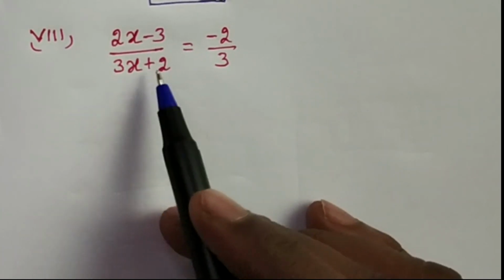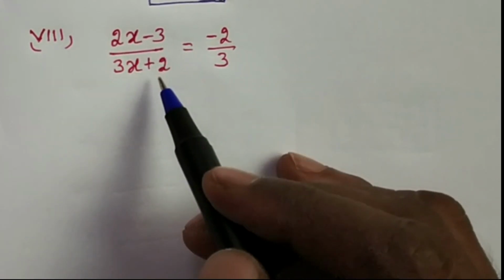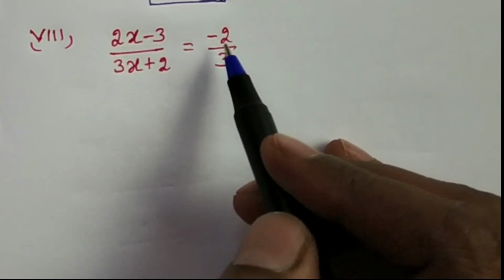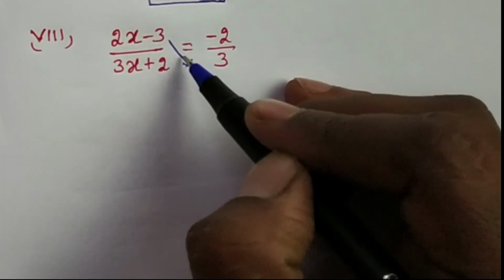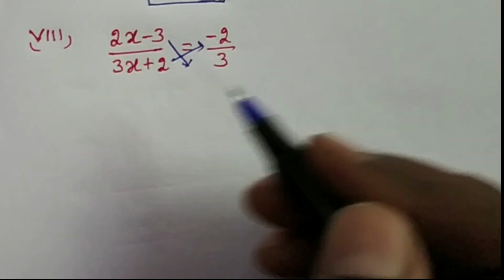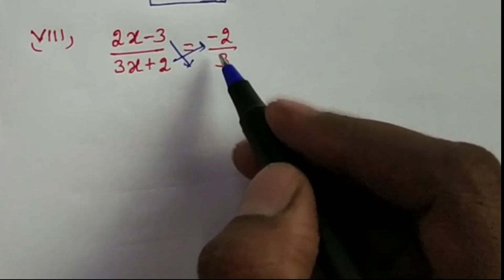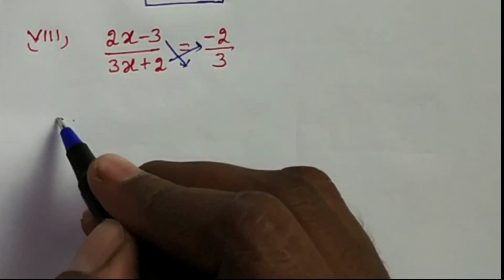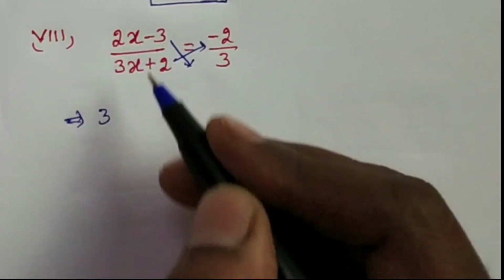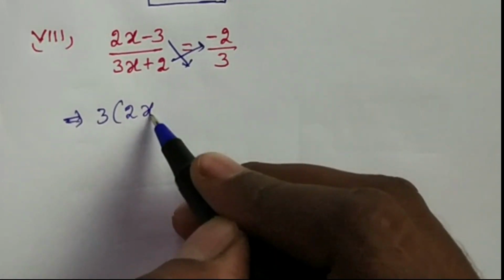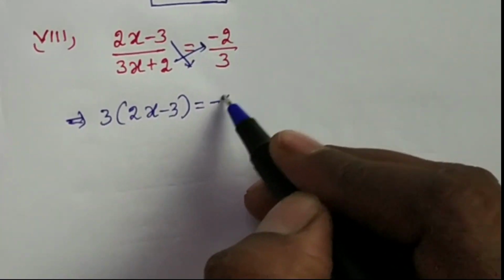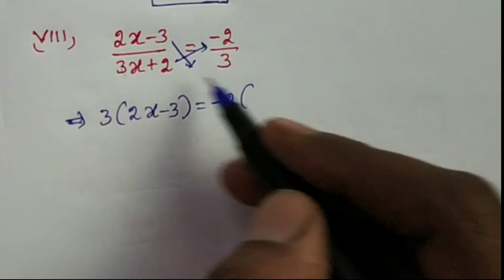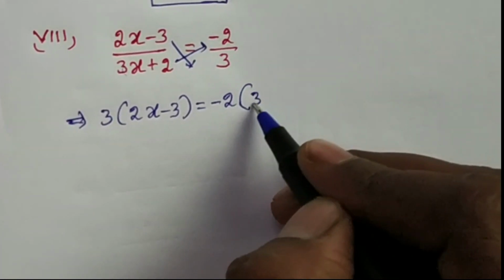Next, the eighth problem is 2x minus 3 by 3x plus 2 is equal to minus 2 by 3. How can we solve it? By using the cross multiplication method. So cross multiplication. 3 into this numerator, that is 2x minus 3, is equal to, here already minus 2 is there, minus 2 into this denominator 3x plus 2.